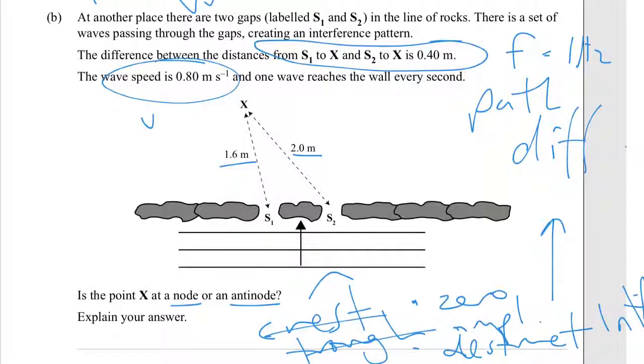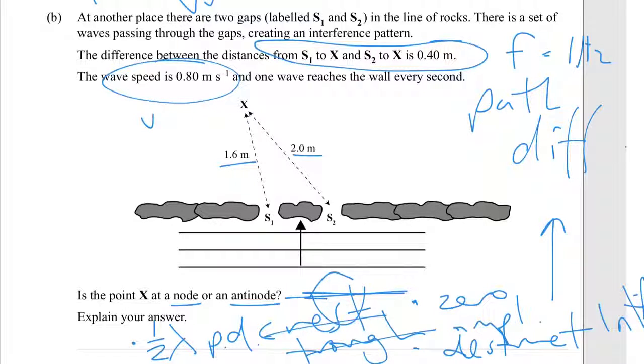One's high and one's low and they add up to be nothing in the middle. That occurs when there's a half wavelength path difference. So we have to work out what the wavelength is and what the path difference of that is.